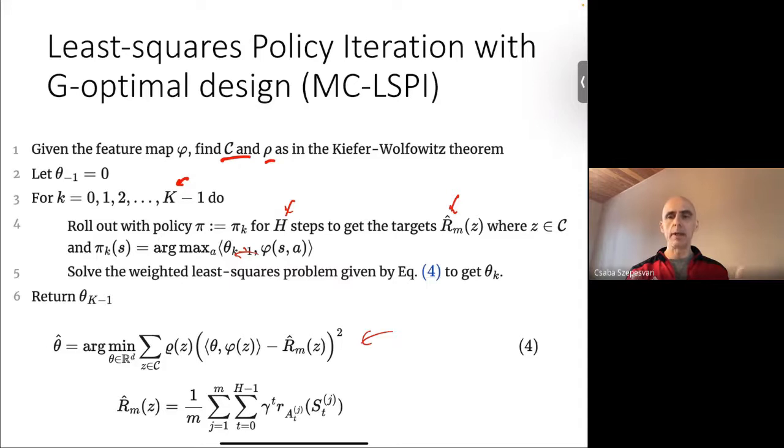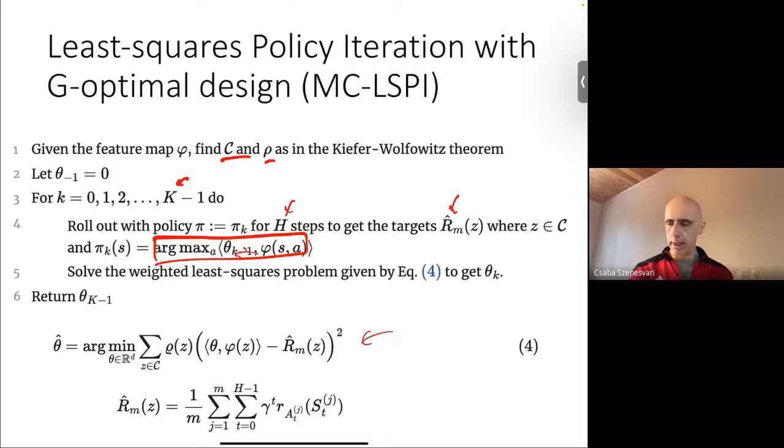And if someone asks now it's your turn to act, you don't need to do any more planning. Just take the parameter vector and choose the greedy action with respect to the induced linear value function, as shown in step 4 there.